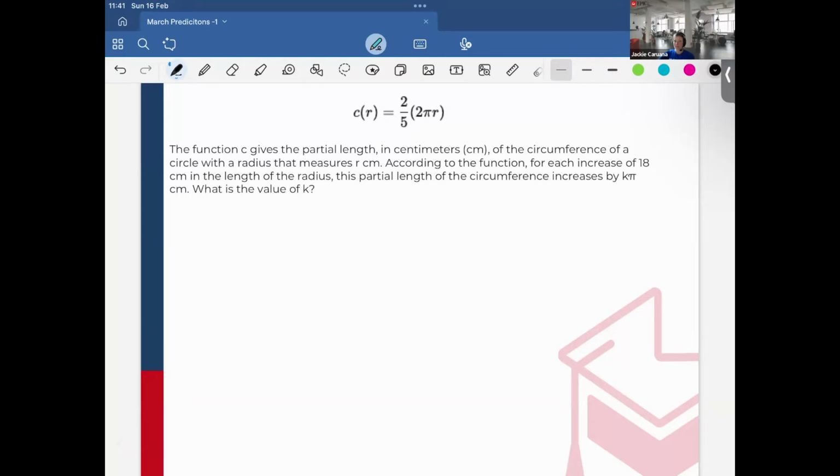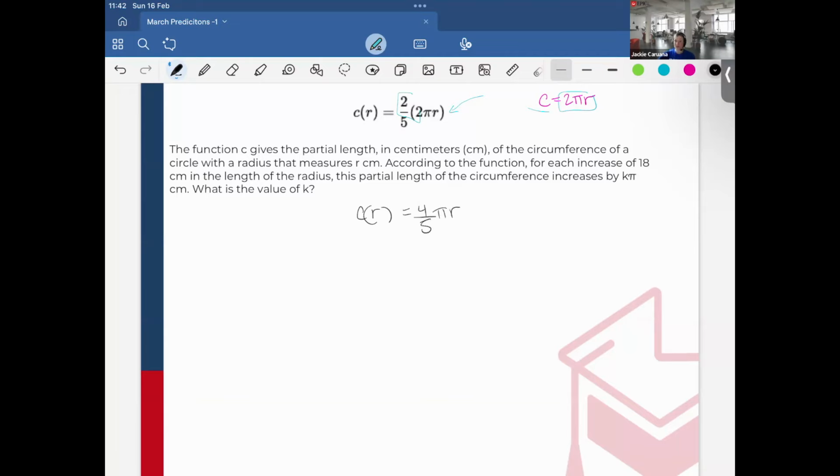Okay, so first, things that jump out to me. I know circumference is equal to 2 pi r. So this is circumference of the circle. So the function is giving me a fraction of the total circumference. And if I were to multiply this further, I can say that it's going to be 4/5 multiplied by pi r.